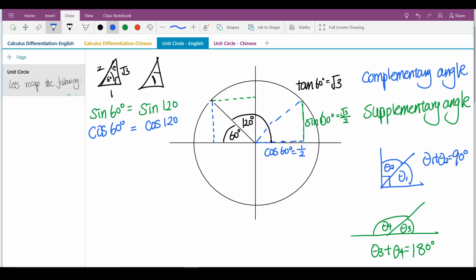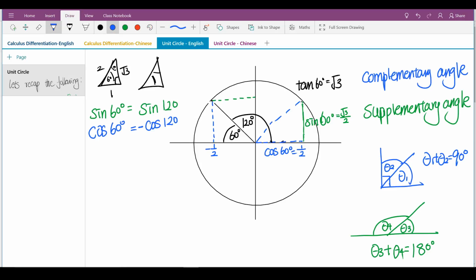But on the other side, even though it is symmetric, this would be negative half, because it's on the negative side of the x-axis. So cosine 60 is actually equal to negative cos 120.